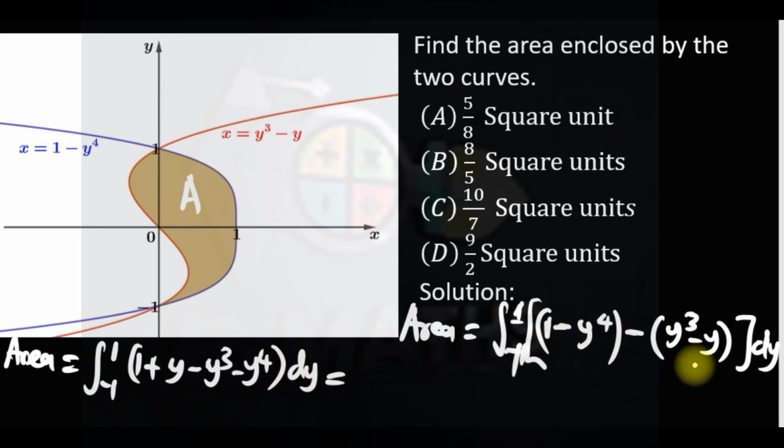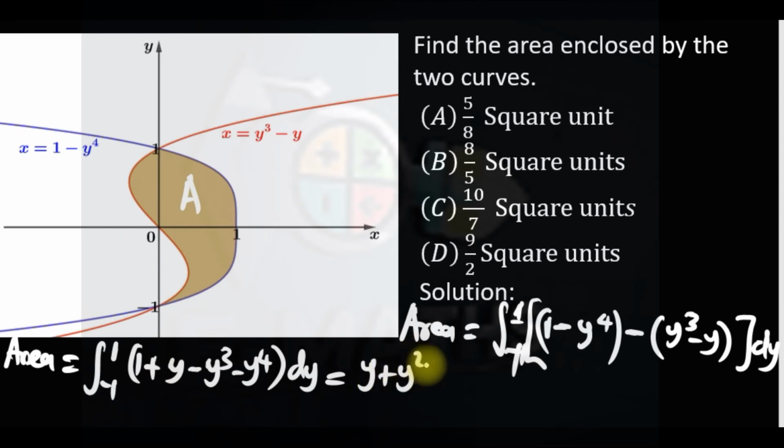Opening the bracket, minus y raised to power 4, minus times minus is plus, minus times that is minus. So we integrate. The integral of 1 is y. The integral of y is y squared over 2.